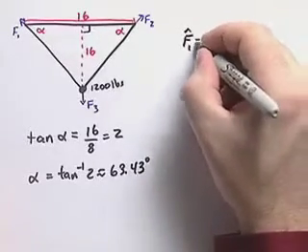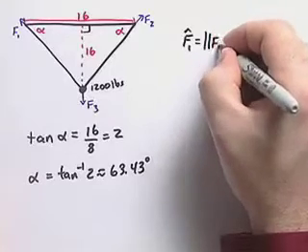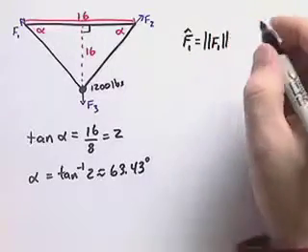The three force vectors in the problem can be written as follows. Now that we've determined the angle alpha, we can go ahead and write down our force vectors broken into their horizontal and vertical components.